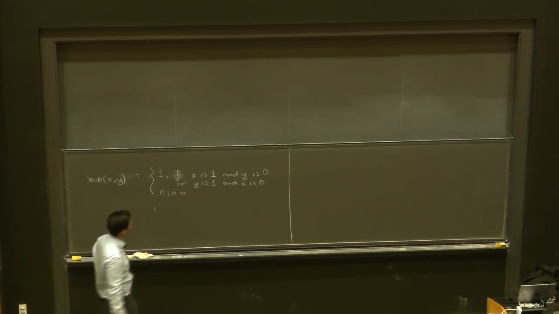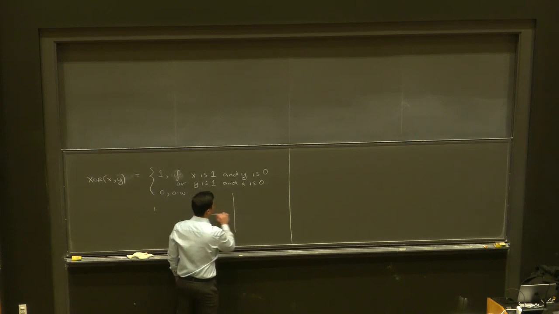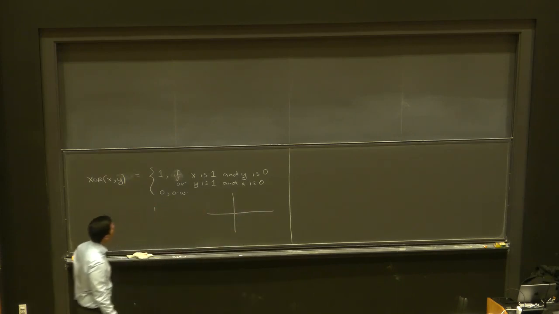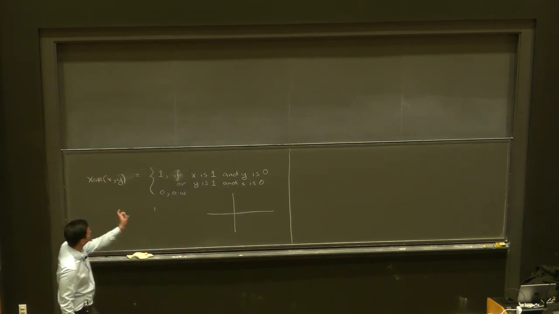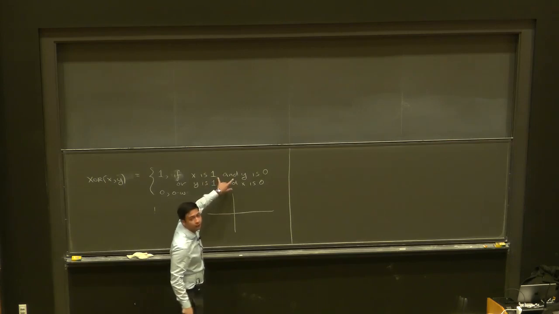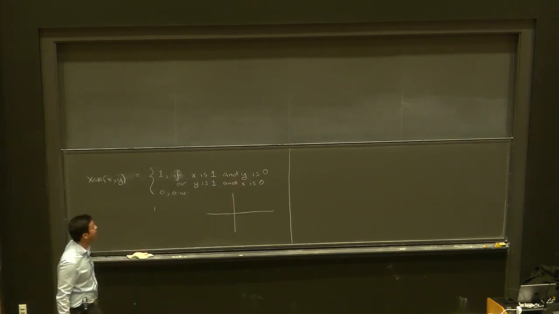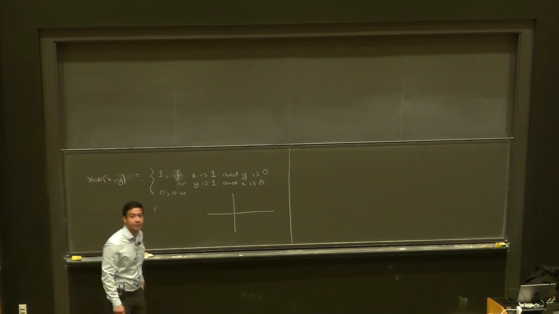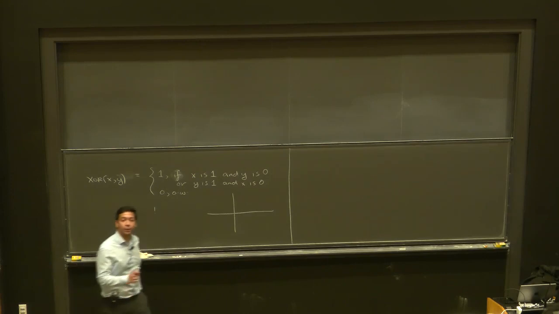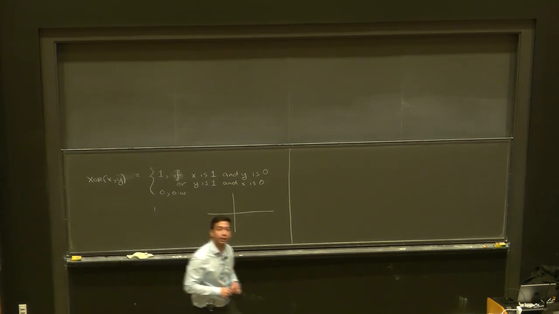So in the picture, if you think of not Boolean variables, but of x and y as positive and negative, that's the correspondence. That makes sense. Thank you. Yeah, good question. All right, other questions? Okay.